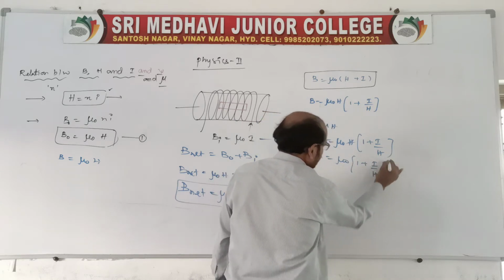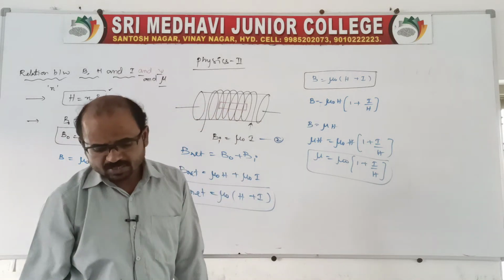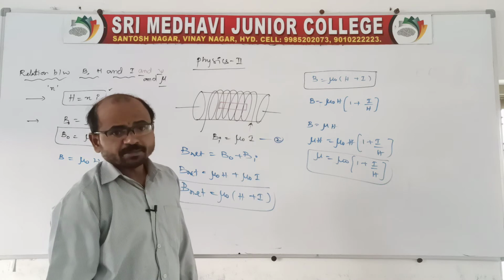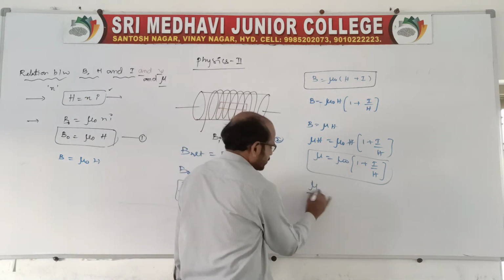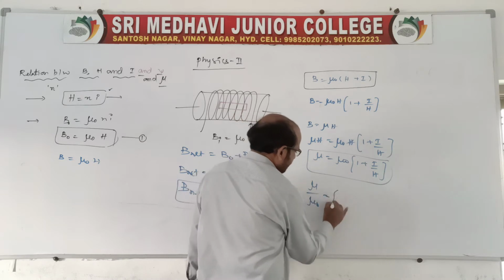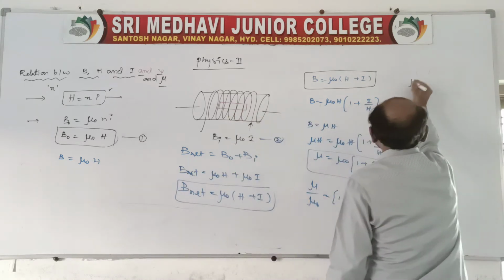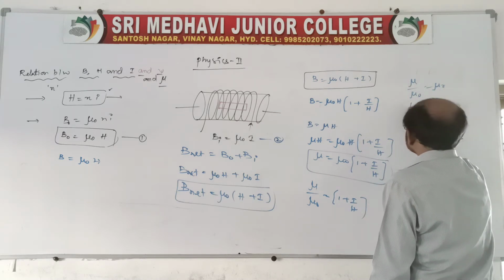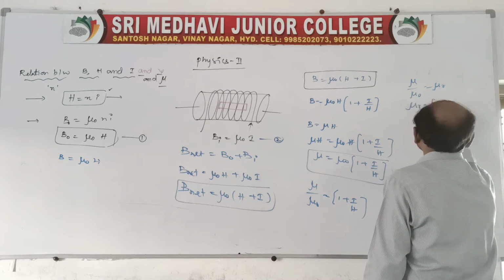This is one more relation in terms of mu and mu naught, which we can also call the permeability of a medium and the permeability of free space. So mu by mu naught is 1 plus I by H. Mu by mu naught is nothing but mu r, the relative permeability, so that mu r is equal to 1 plus I by H. Clear?